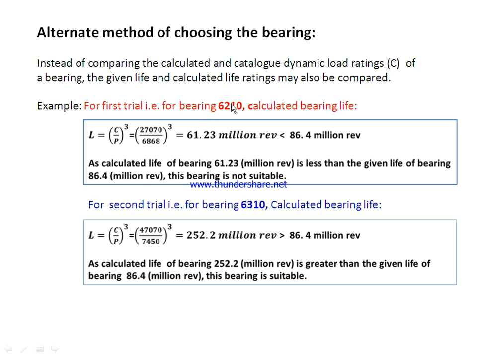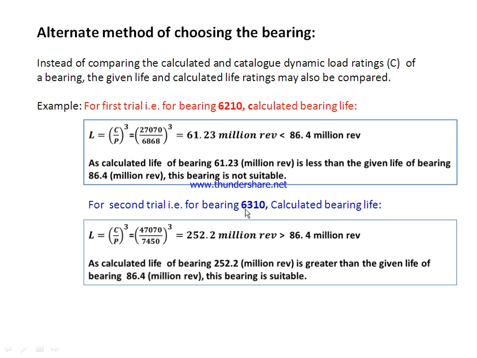First you have chosen the 6210 bearing, and for that you can calculate the life rating by using this equation, C by P raised to 3. It comes out to be 61.23 million revolutions, which is less than the required number of revolutions. 86.4 million revolutions is the required life of the bearing, but it is less than that, hence 6210 is not suitable.